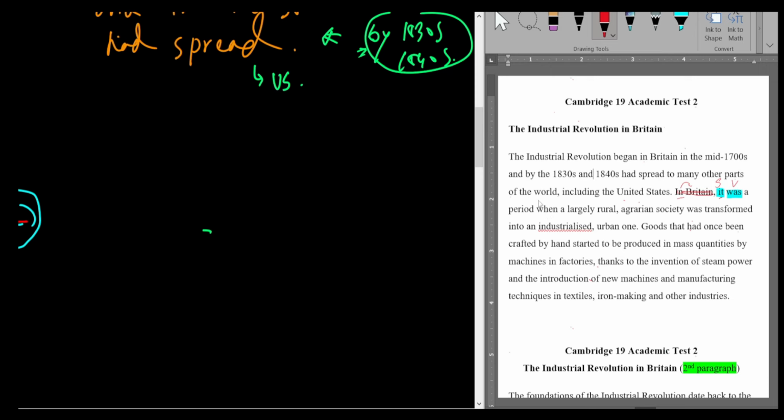"When" is a relative pronoun defining what? Defining the noun before it, which is "period". So we will not consider things after this relative pronoun. We will not consider this clause, as this is not important for us.